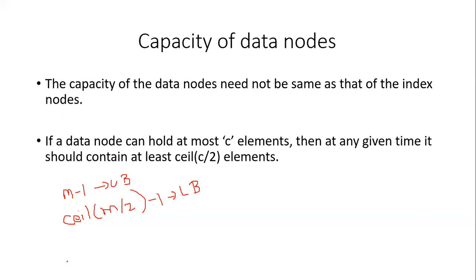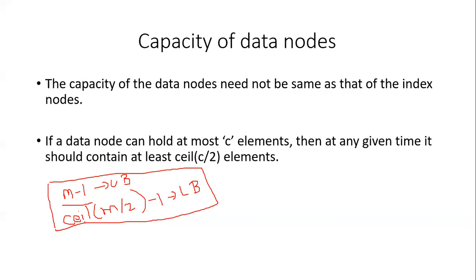Now for a B plus tree, this is true for the root node and for the index nodes. The root node can have a maximum of m minus 1 keys, and all the index nodes also can have a maximum of m minus 1 keys.